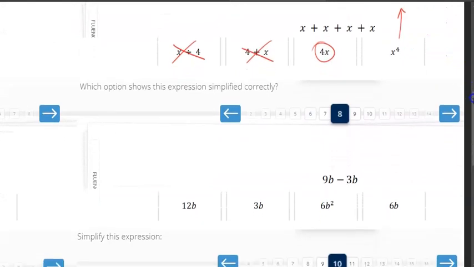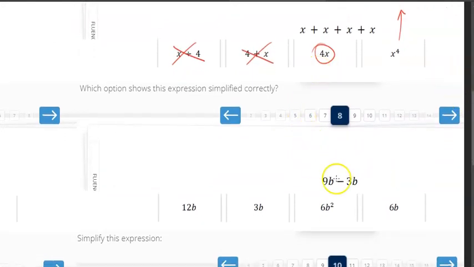And this also happens in the subtraction phase, but now we've got something going on here. We've got 9b, and we're taking away 3b. Now let's just look at the number component. Let's just look at 9 take away 3. 9 take away 3 is 6.